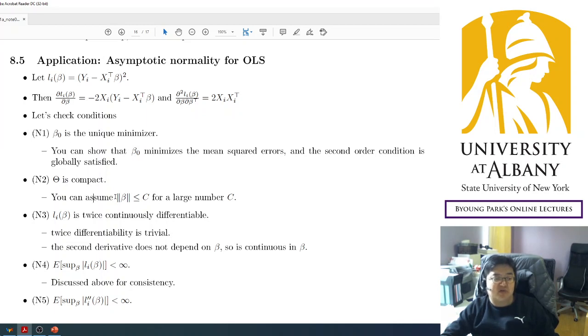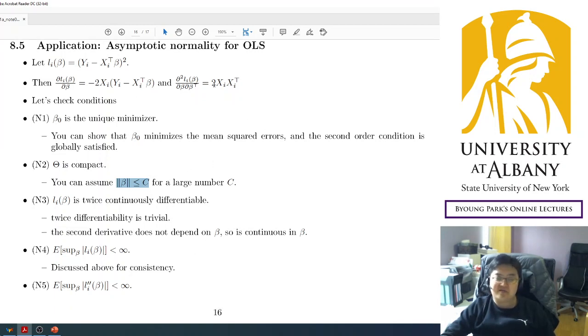You need to additionally assume that the coefficient is bounded, and twice continuously differentiable, which is trivial because we know the function form, and we differentiated twice, so it shows that it is twice continuously differentiable.